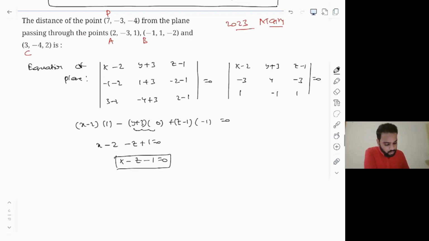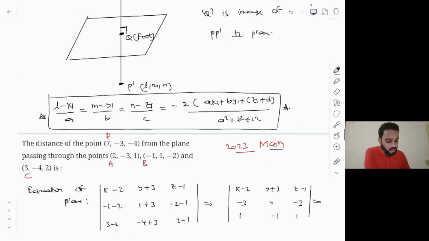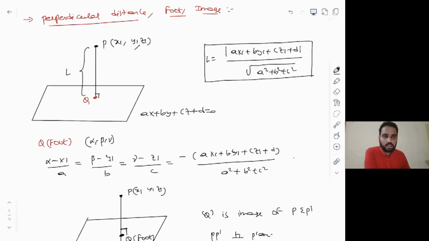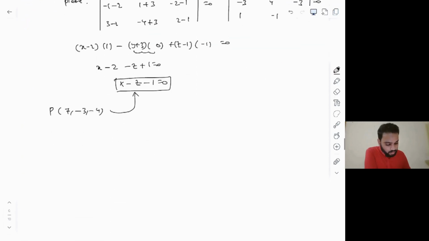Now what is the question? We have to find out the perpendicular distance from the point P 7 comma minus 3 comma minus 4 to the plane which we obtained just now. And we have just now discussed the perpendicular distance formula also. Let us try to apply that formula here.